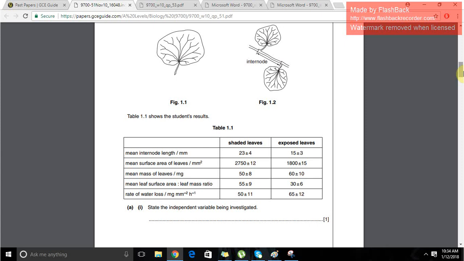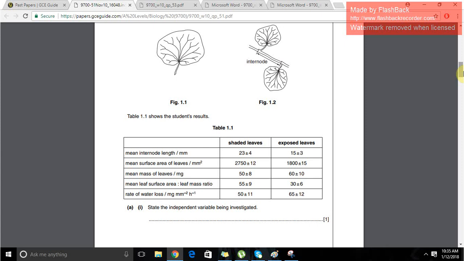And the plus minus 4 and plus minus 3 is likely the standard deviation. So 23 minus 4 is 19 and 15 plus 3 is 18. As you can observe, when considering the standard deviations, there is no overlap, and this means the difference in the mean internodal length is likely to be significant.